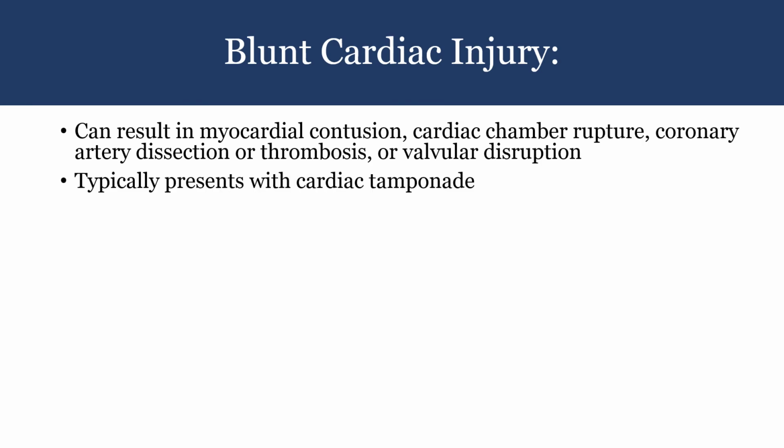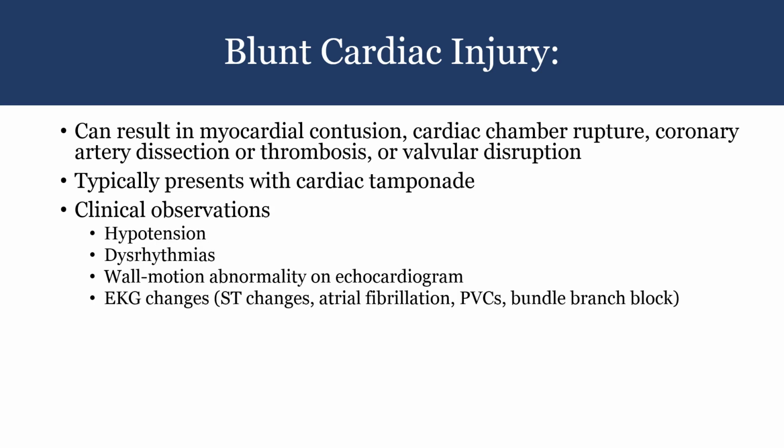Blunt cardiac injury can result in myocardial contusion. You can have a cardiac chamber rupturing. You can have dissection of the coronary artery or thrombosis, or you can have disruption of the valves. And typically, patients present with cardiac tamponade.